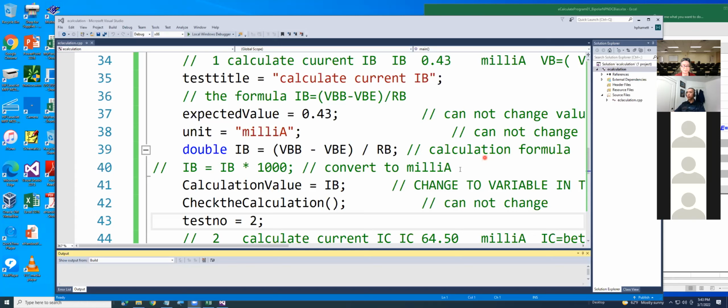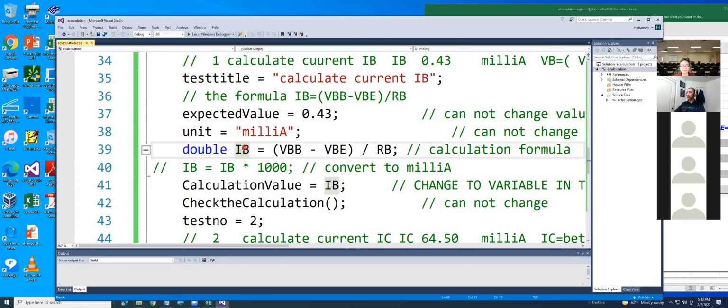Exactly. Now, if you see this formula, IB equal VBB, where VBB is 5 volt minus 0.7, divided by RB, that means the resistor, 10,000.